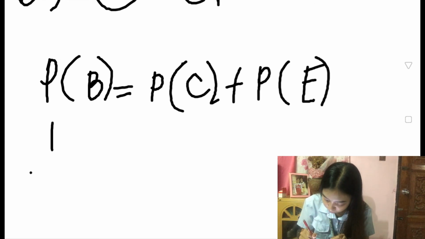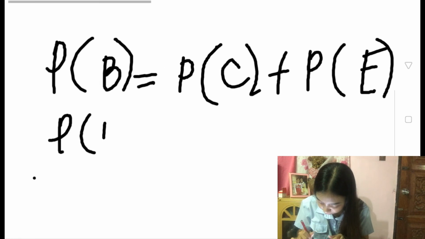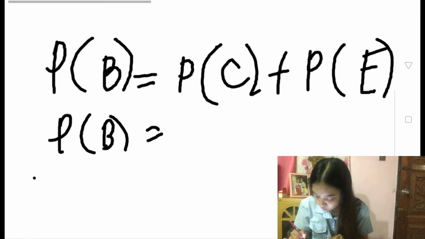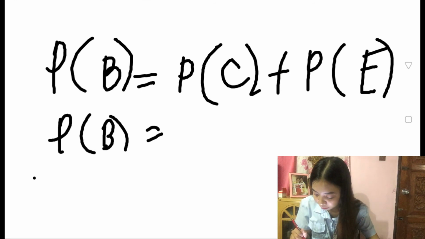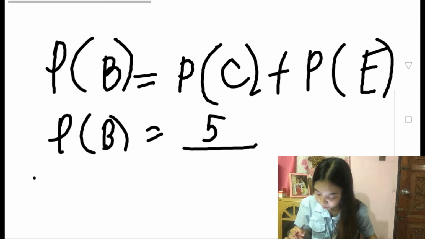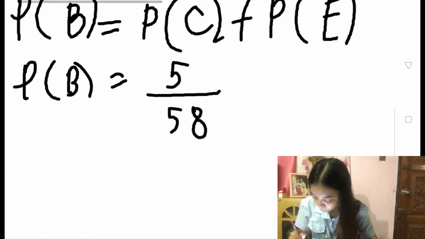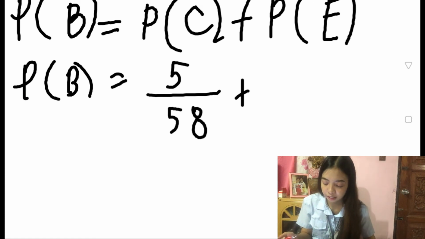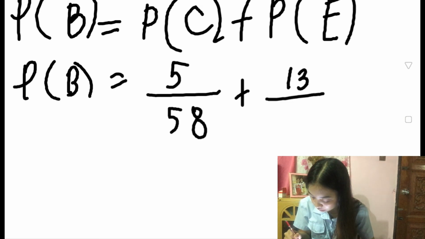So the probability of event B equals the civil engineering students: there are a total of 5 students over the total number of students, 58, plus the probability of electrical. There are 13 electrical students, so 13 over 58.